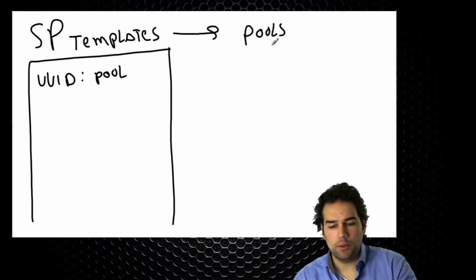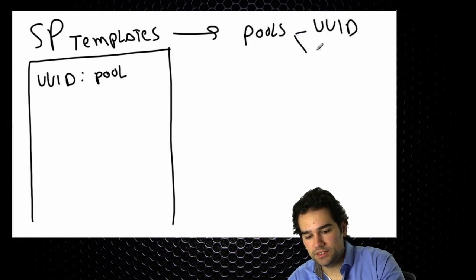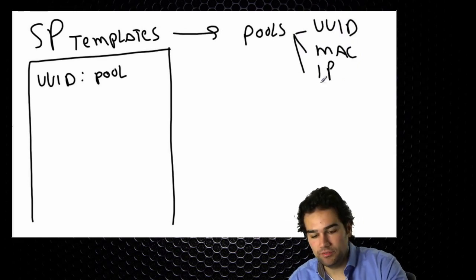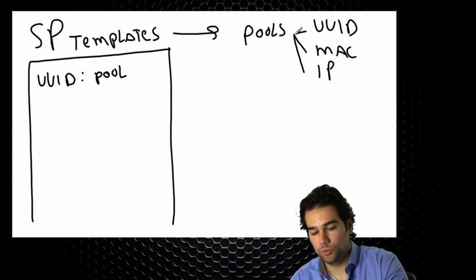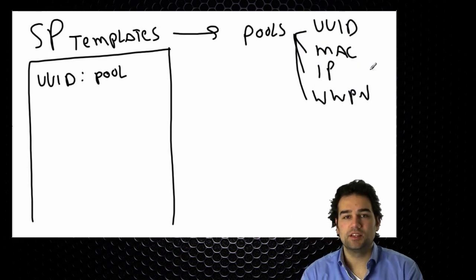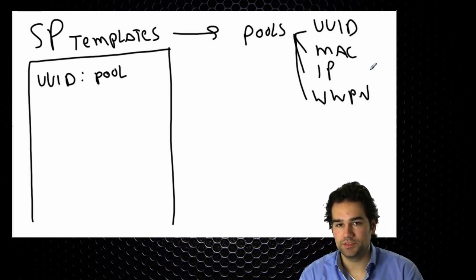And in that pool, I will have a list of UUIDs available, a list of MAC addresses available, a list of IP addresses for iSCSI boot available, a list of worldwide port names available, and think of anything else that I can get a list of. So resources that I need to allocate to physical components.